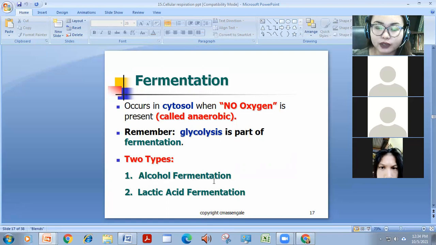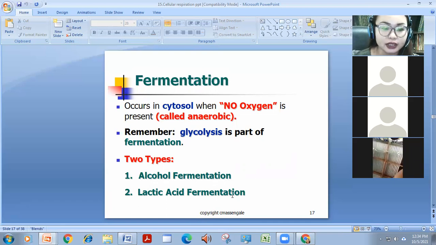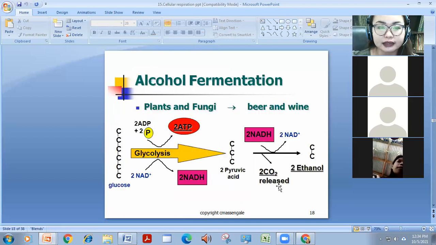And fermentation has two types. We have alcohol fermentation, which I mentioned earlier, like our wines, and the second type is lactic acid fermentation, like our fermented milk products such as yogurt.